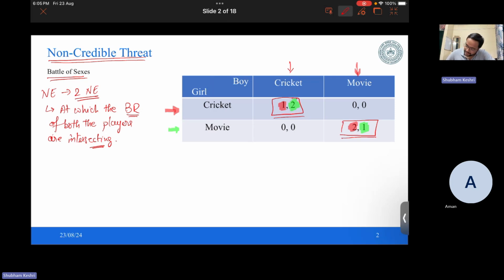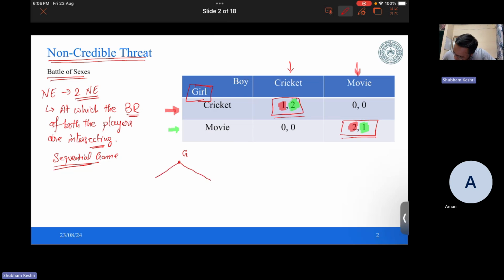What happens if this is a sequential game? All right. When we have a sequential game, then we'll have to decide which player plays first. So suppose the girl player is playing first. I'll write G. The girl player has two strategies. What are the strategies of the girl player?